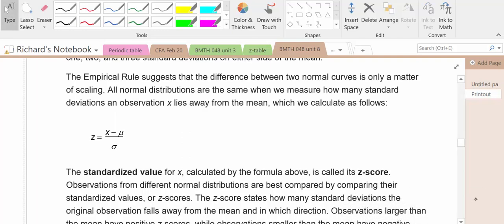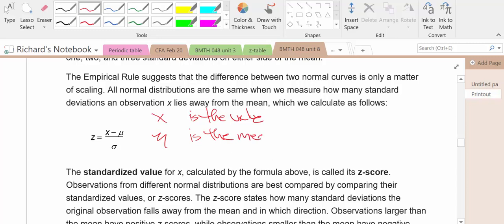This is the equation we're going to use to calculate Z-scores, the standardized value. So in this equation, X is the value, mu is the mean of the distribution, and sigma is the standard deviation.